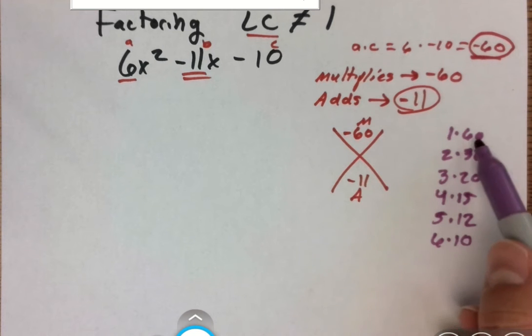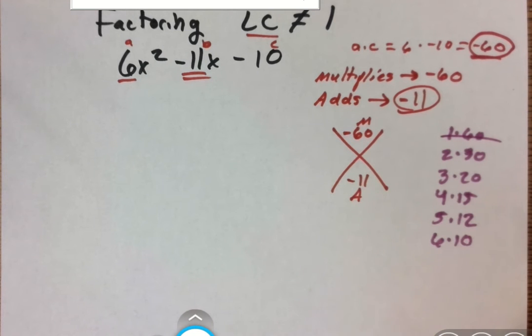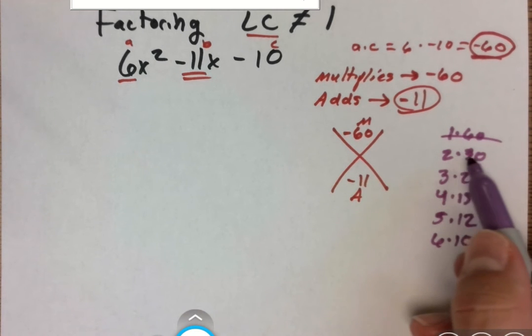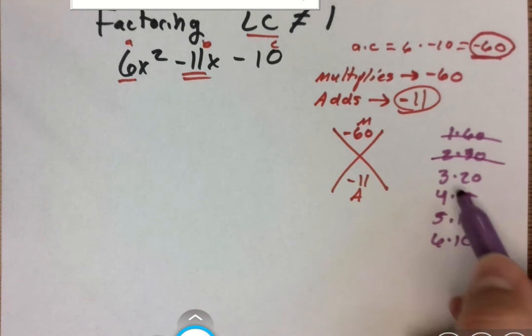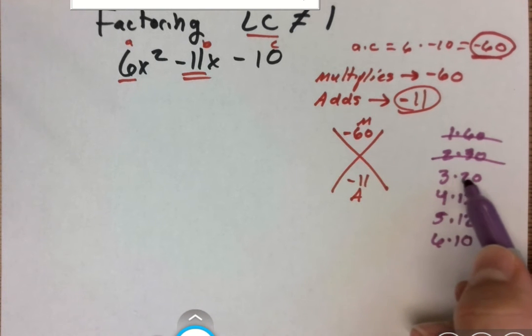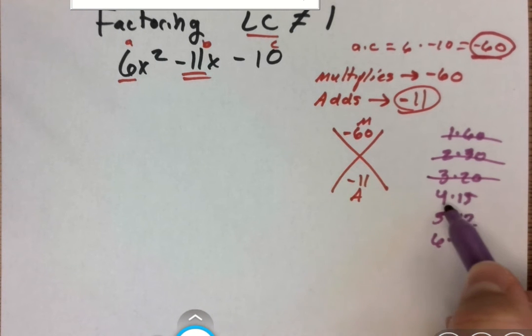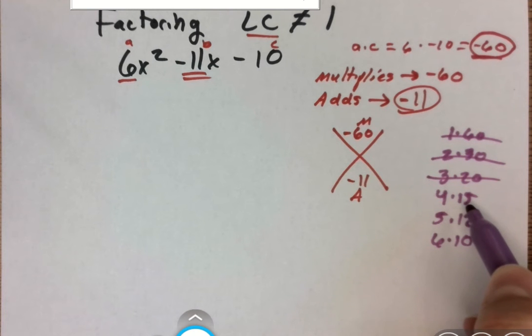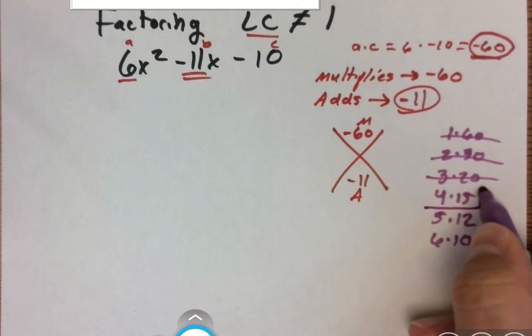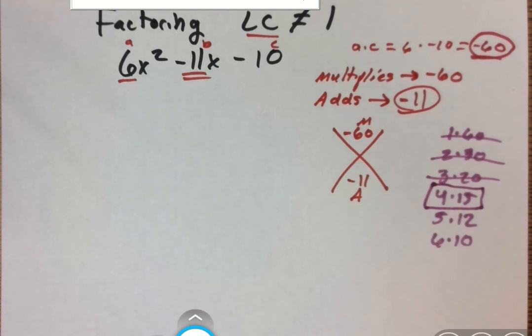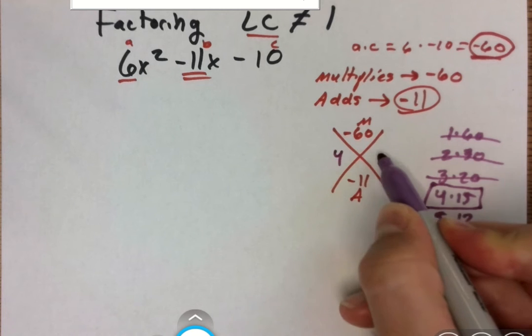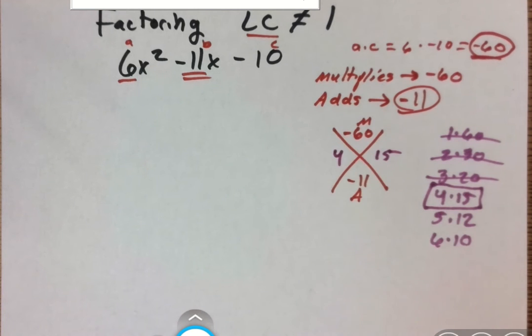Now 1 and 60, I can't get that. That would just give me either 61 or 59. 2 and 30 could give me 32 or 28. 3 and 20 could give me 23 or 17. 4 and 15, now that could give me 19 or 11. So it seems like this may be the option here, 4 and 15. So I know 4 and 15, because I can get 11 from that.